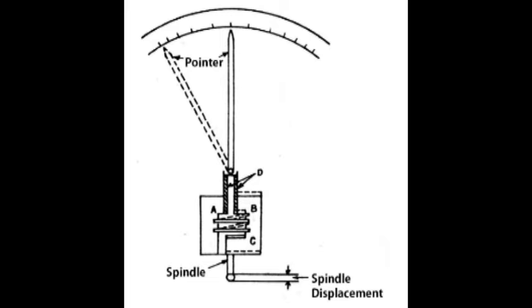The dial indicator is mounted on the base supported by a column, as shown in the figure of a reed type mechanical comparator. The reed mechanism is a frictionless device for magnifying small motions of the spindle.